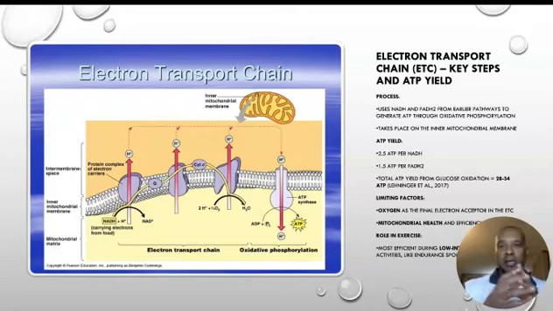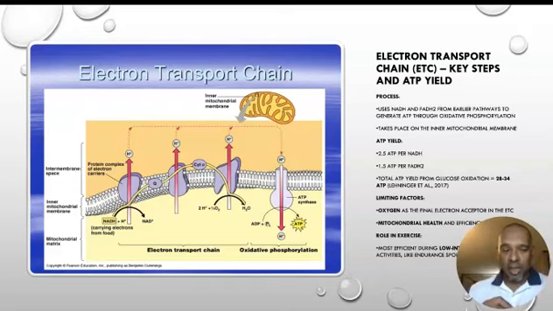This process occurs on the inner mitochondrial membrane and is responsible for yielding 2.0 ATP per NADH and 1.5 ATP per FADH2, which contributes to a total ATP production of 28 to 34 ATP molecules from glucose oxidation. A key factor in the ETC is oxygen, which serves as the final electron acceptor. So without sufficient oxygen, this process cannot function efficiently.